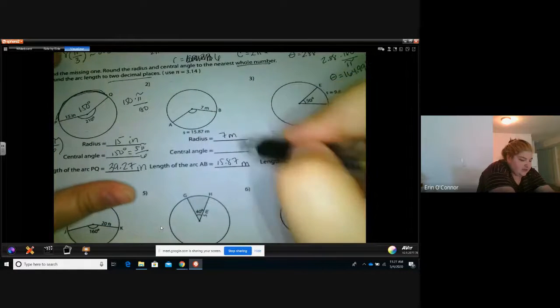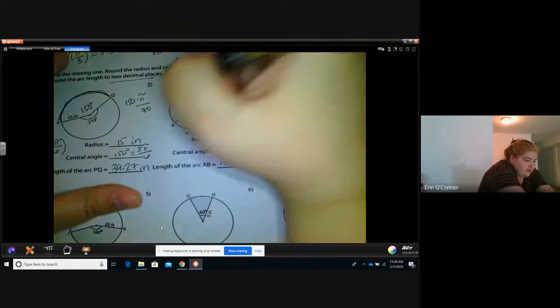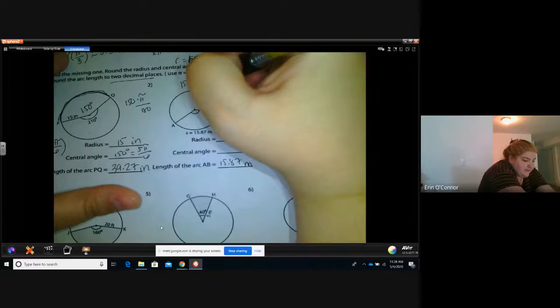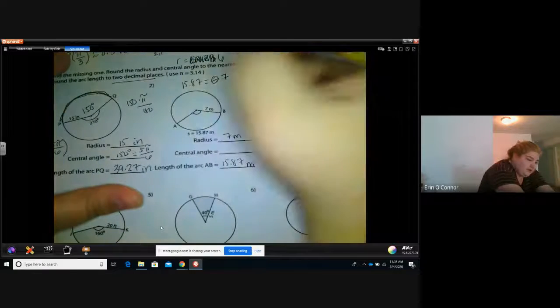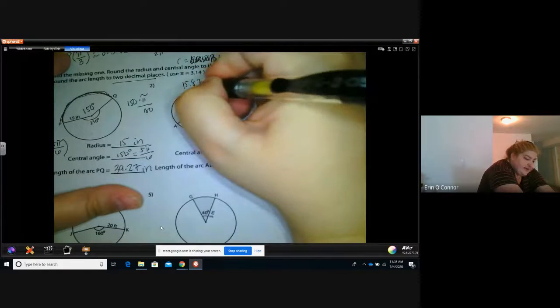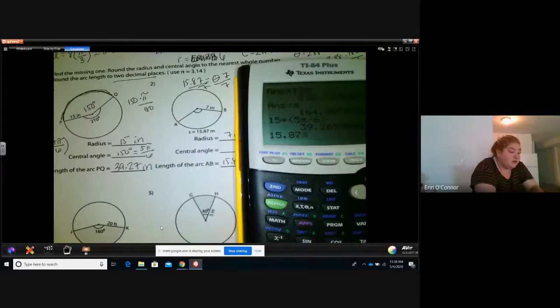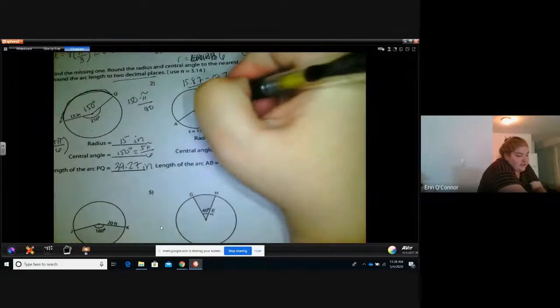All right, 17 meters, 15.87. So 15.87 is equal to theta times 7. Divide both sides by 7. And we get 15.87 divided by 7, which is 2.27 for theta.